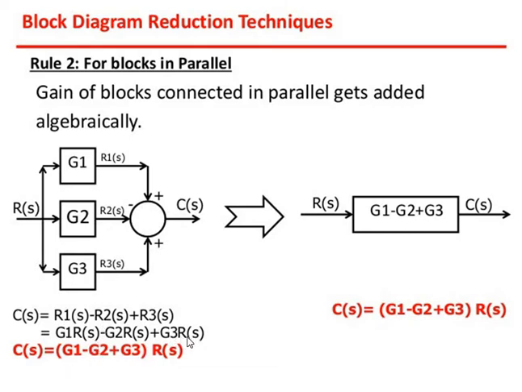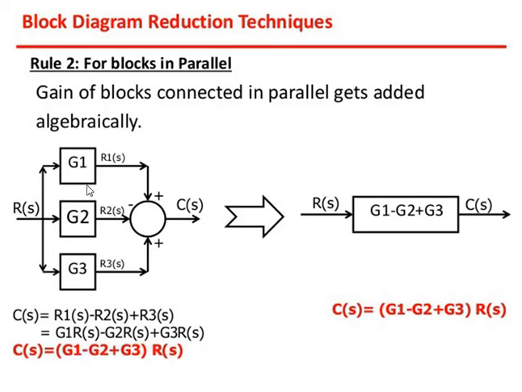So if we take RS common, that means G1 minus G2 plus G3 and common RS. So CS equal to RS in the bracket G1 minus G2 plus G3. So G1 minus G2 plus G3 is the algebraic sum of all the blocks. Algebraically means that the sign is considered.